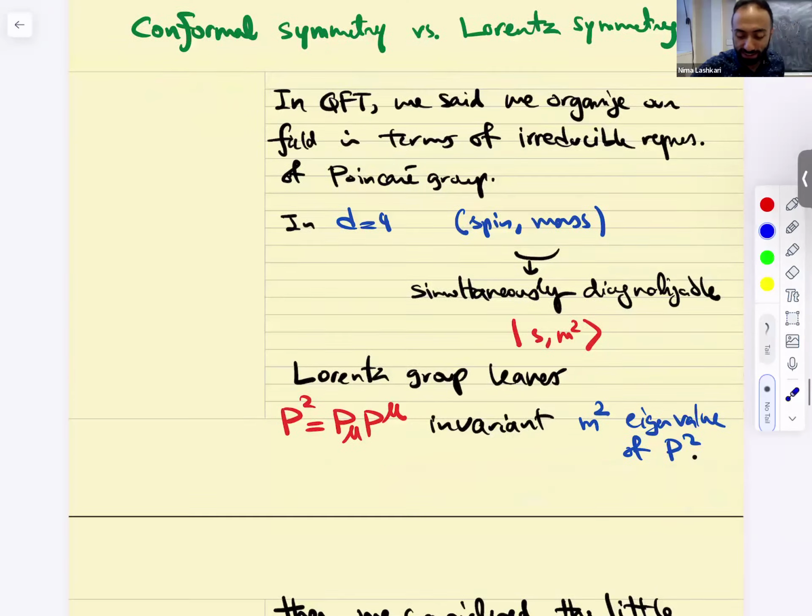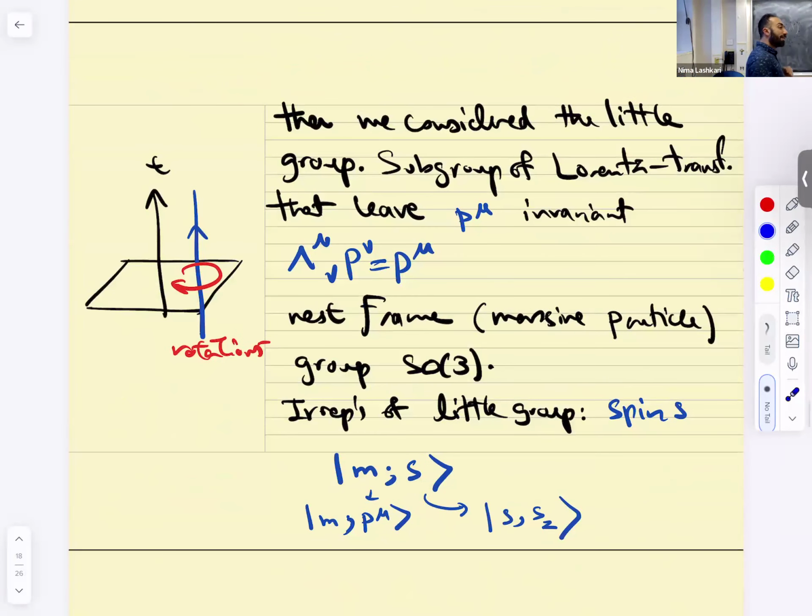All right, I'm just reminding, right? So take what was important about p squared, p squared under Lorentz transformations. Well, first of all, translations take p mu to p mu plus a constant. That's obvious, so they won't change it. Lorentz transformations, SO(3,1), will leave p squared invariant. You move on this hyperboloid, right?